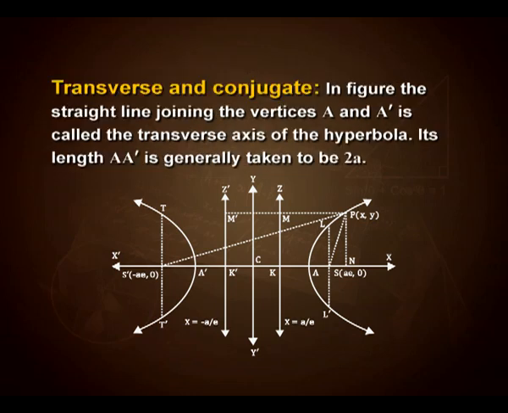Let us see the transverse and the conjugate axes. In the figure, the straight line joining the vertices A and A dash is called the transverse axis of the hyperbola. Its length A A dash is generally taken to be 2a.